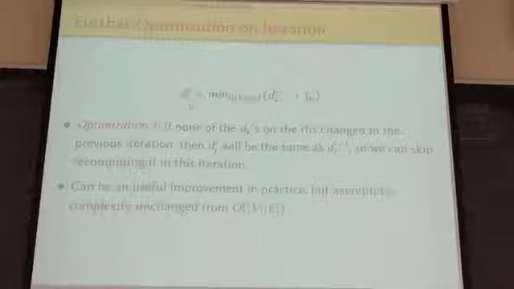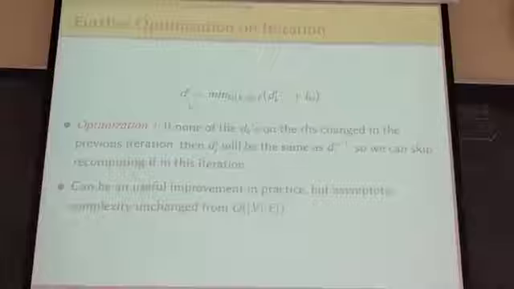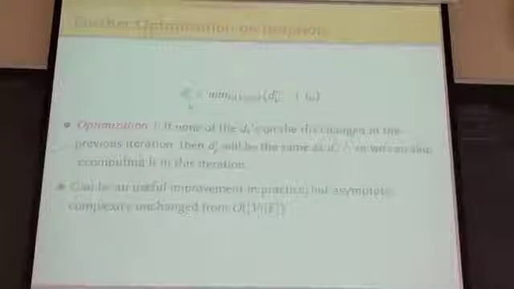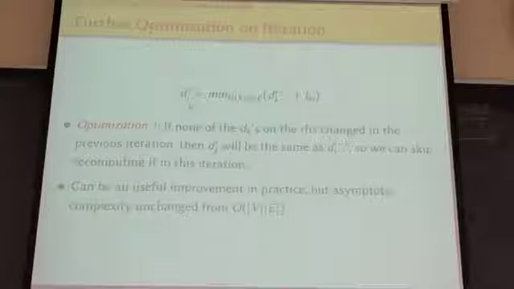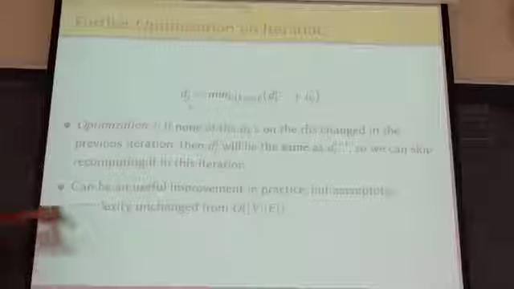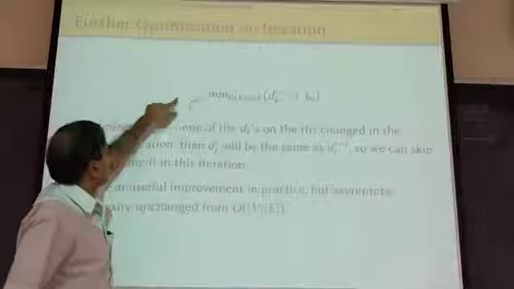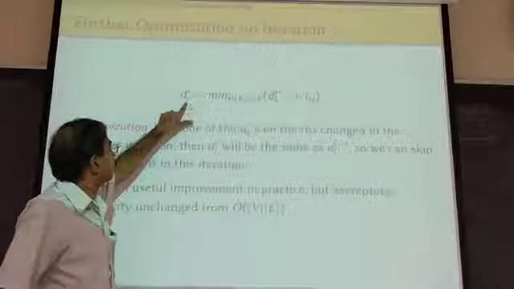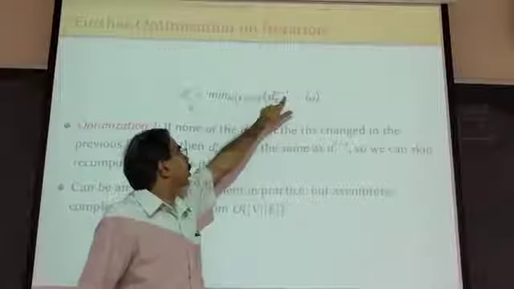So now, obviously, the question is, can we do even better? The reason why we are not doing better is because if you look at this particular equation, remember, this is the ith approximation of the distance to vertex j, and for that we are relying on the I minus 1th approximation.